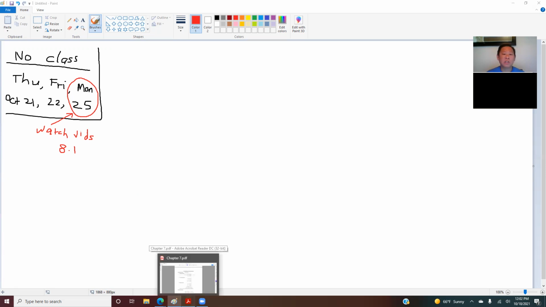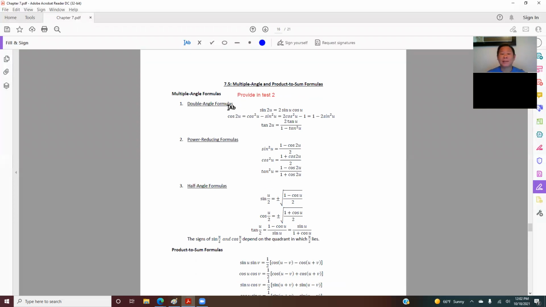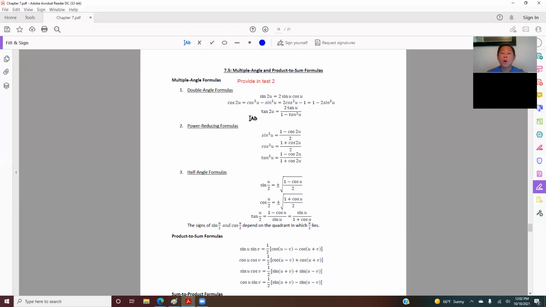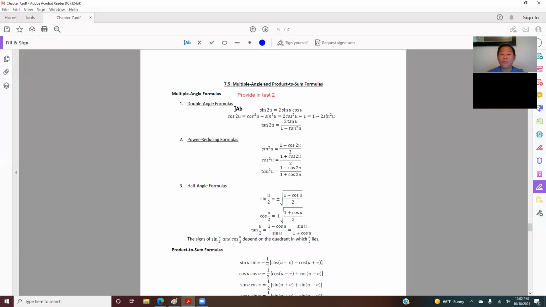The second thing is we're going to continue with 7.5, which covers multiple angles and product-to-sum formulas. As I mentioned last week, this whole page of formulas in 7.5 will be provided to you in test 2, so you do not need to memorize these identities. The only thing is that I won't provide the types of the formulas.